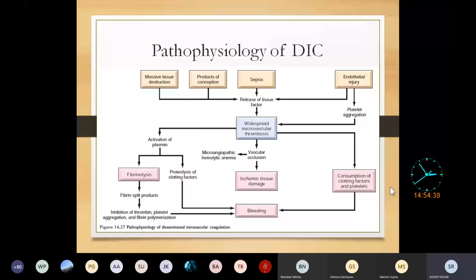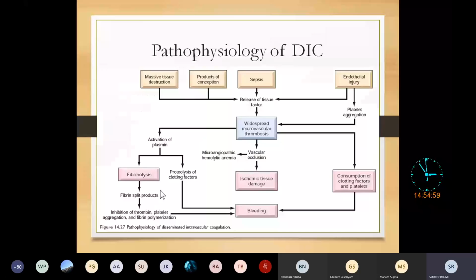And due to fibrinolysis in DIC, we can detect fibrin degradation products, FDPs. So if FDPs are increased, that is also an indicator of DIC. This we have already talked about, so we will just go through it.